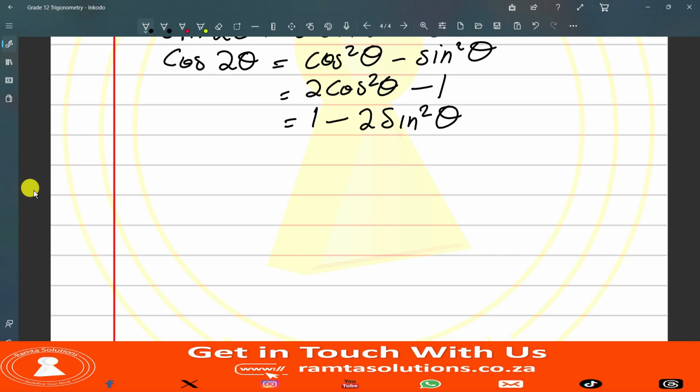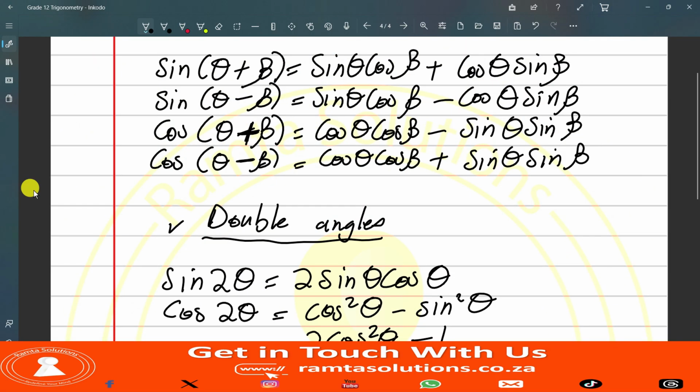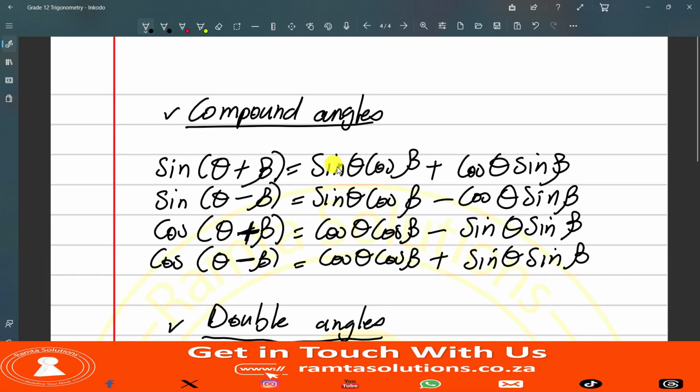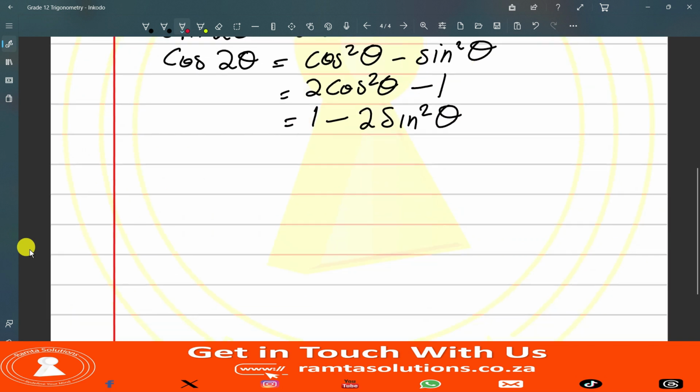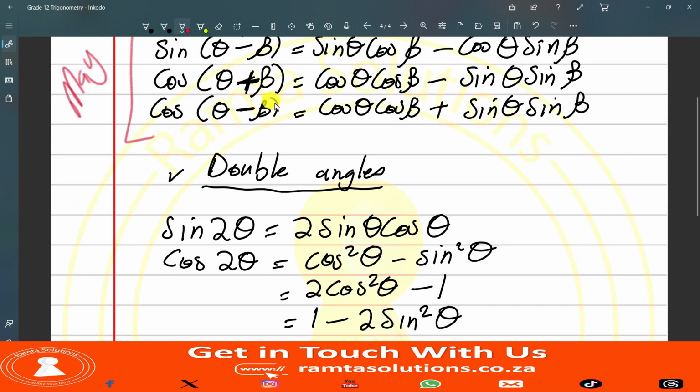Oh, I need to tell you guys, you may be required to prove these formulas, and not just those, even these ones here.